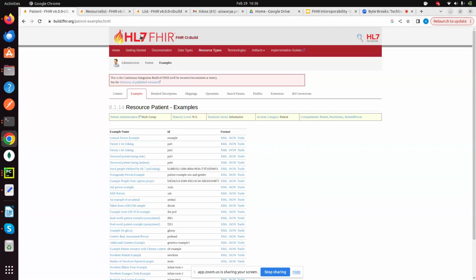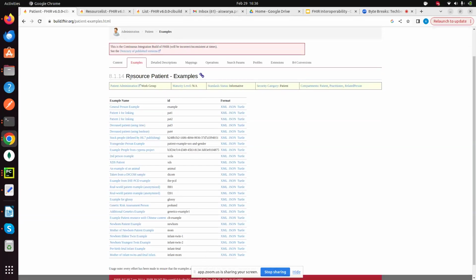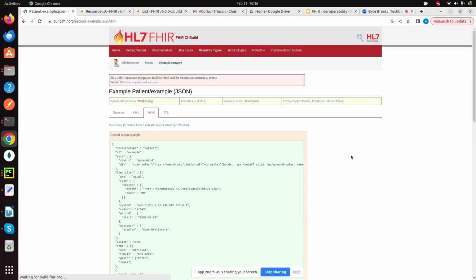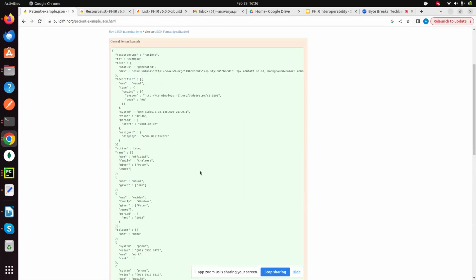So this is the documentation provided by Fire, and this is a patient type of resource. So as I have already said, the resource is available in XML and JSON format. I'll just show the JSON format. Here we can see the resource type is patient, and it will also have all the other demographic data the patient might have.